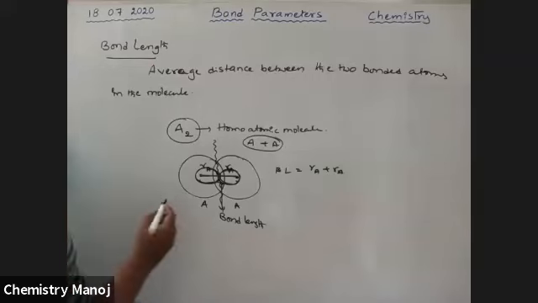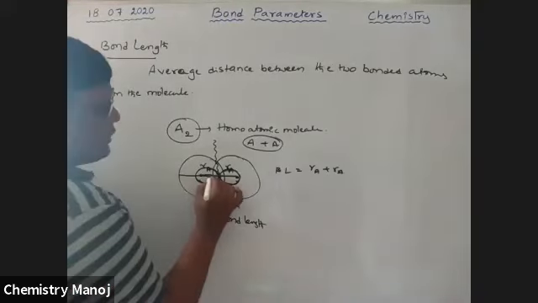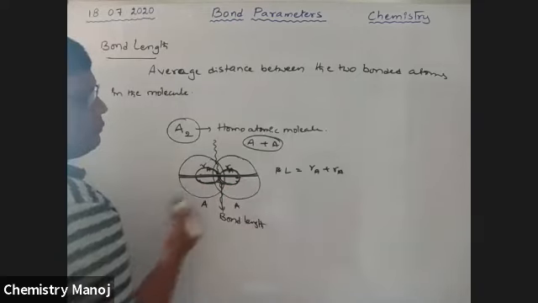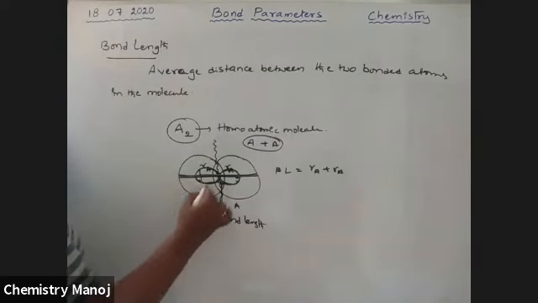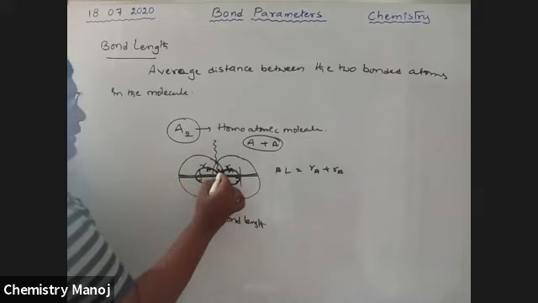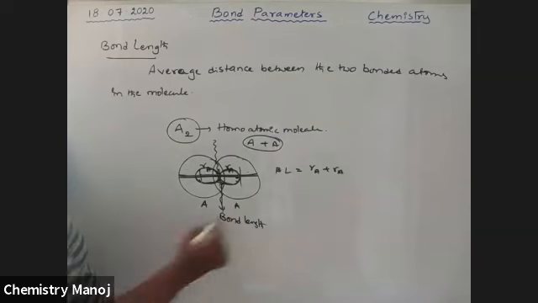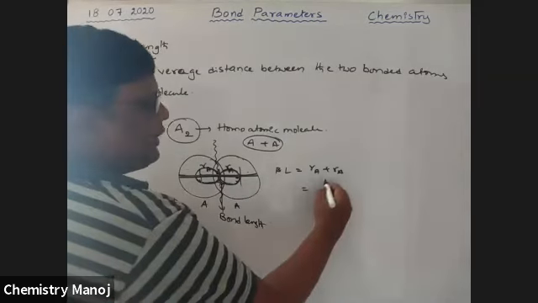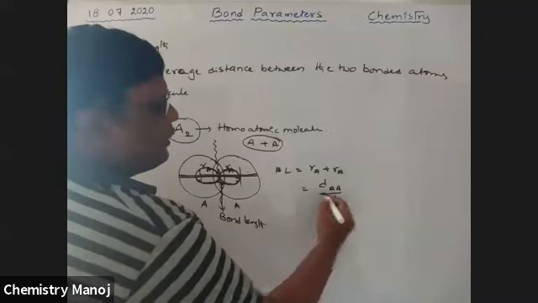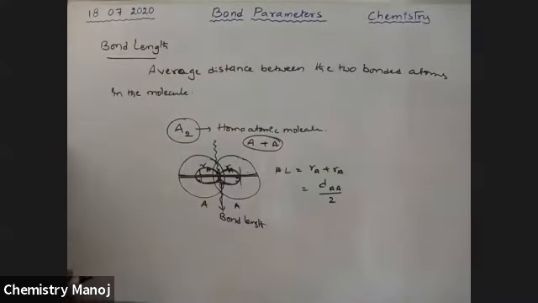Or, let us take this as the diameter, my dear boys. Diameter means here one radius, here another radius, and so on. Therefore, radius plus radius plus radius plus radius is 4 radii, but we want only 2 radii. So the diameter of the A2 molecule divided by 2 is also called the bond length.